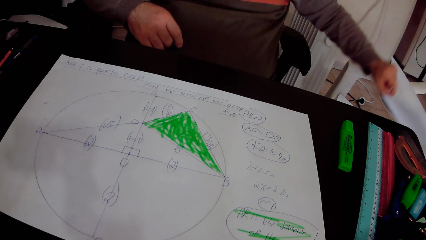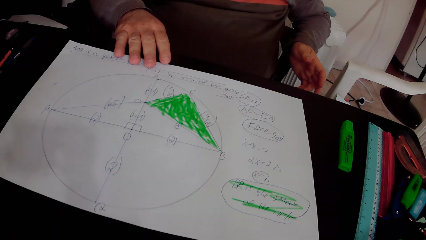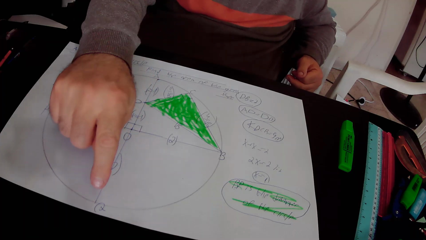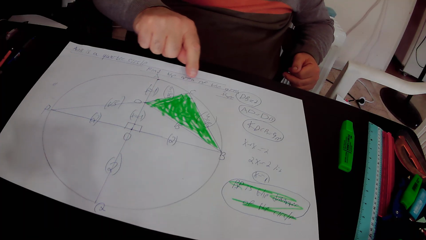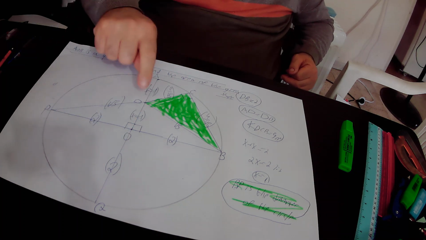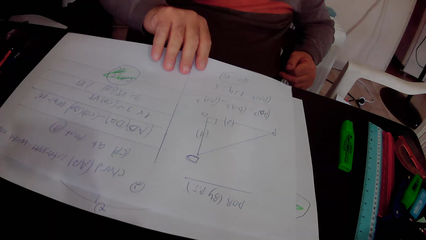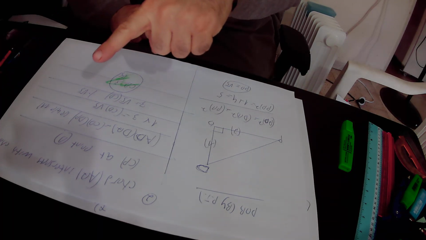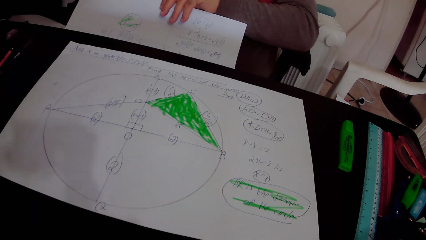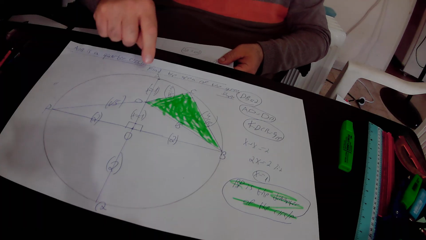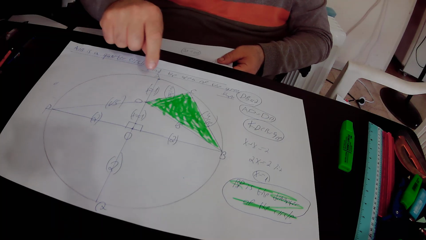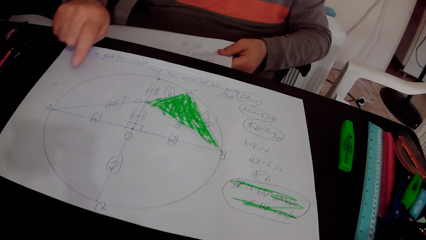We can actually implement rule 11 in our drawing. Why? Because in our drawing we have chord AQ that intersects with chord CP at point D. Therefore, according to rule 11, the following equation will be true: AD times DQ equals CD times DP.